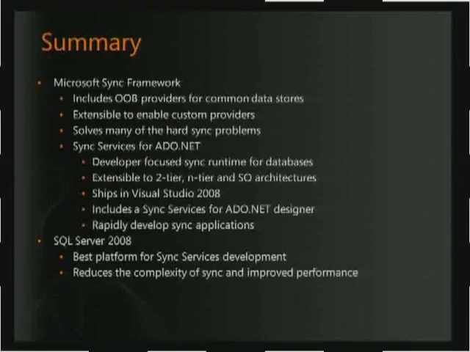We have sync services for ADO.NET, which is a set of sync programming APIs based on the ADO framework. We have a designer that helps you do the things I did in this demo if you're configuring a SQL 2005 store. And of course, it remains flexible enough that you can write any sort of query and even extend it from 2-tier to N-tier if you want to communicate over WCF or something like that. That's entirely possible as well.